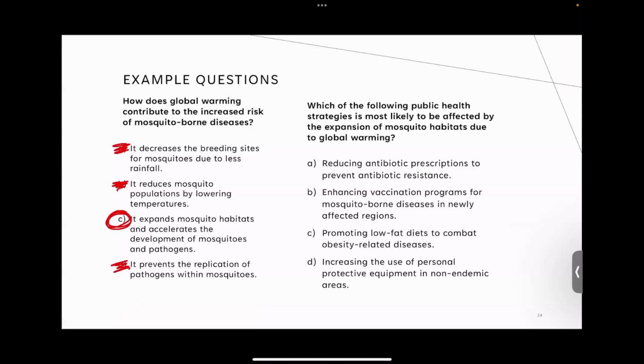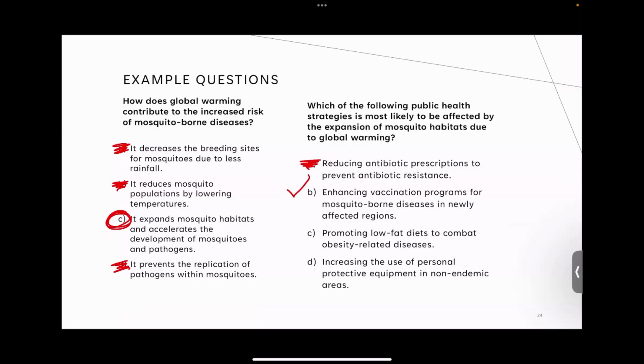No. So it's C. Which of the following public health strategies is most likely to be affected by the expansion of mosquito habitats due to global warming? Is it going to reduce antibiotic prescriptions to prevent antibiotic resistance? No. Is it going to enhance vaccination programs for mosquito-borne diseases in newly affected regions? Yes. If we have existing vaccines for that, we'll see that spreading to newly affected regions.